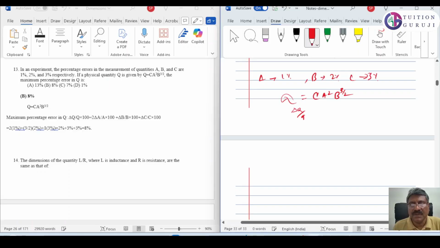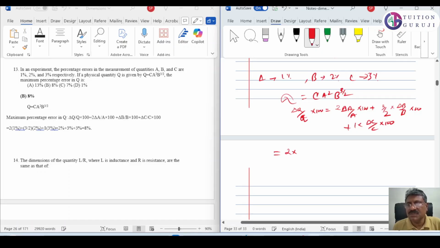So delta Q by Q into 100 is equal to 2 into delta A by A into 100 plus 3 by 2 into delta B by B into 100 plus 1 into delta C by C into 100.